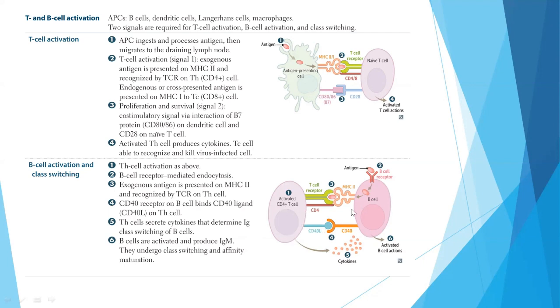So this is the T-helper cell and this is the B cell. Now the CD40 ligand of the T-helper cell binds with the CD40 of the B cells. And then the TH cells secrete the cytokines that determine the immunoglobulin class switching of B cells. And then the B cells are activated and produce IgM and they undergo class switching and affinity maturation.